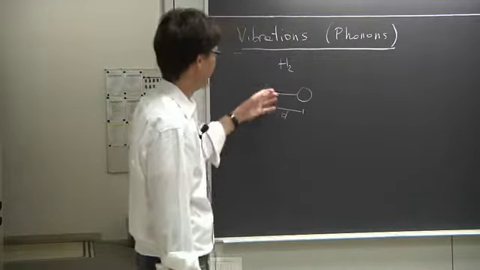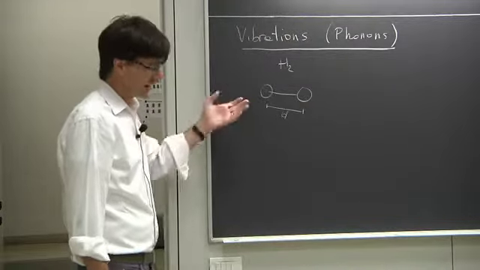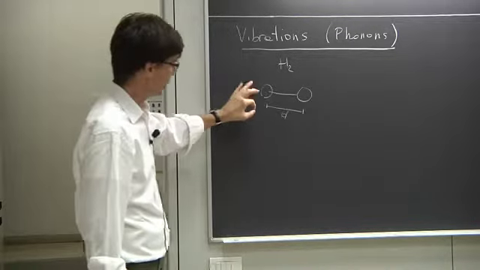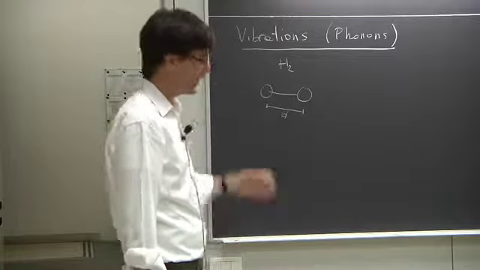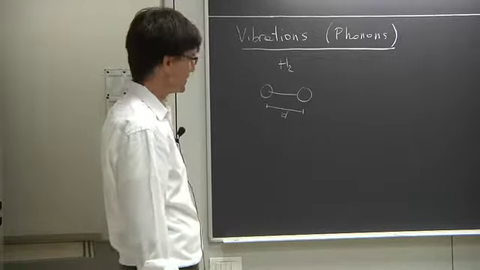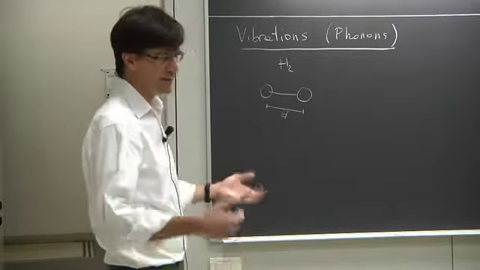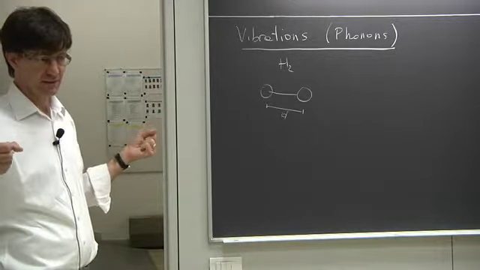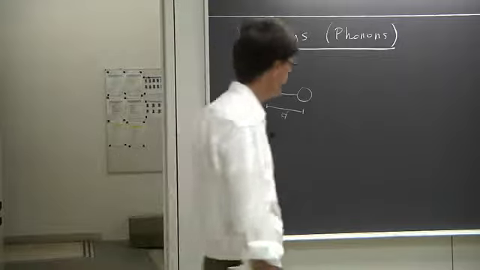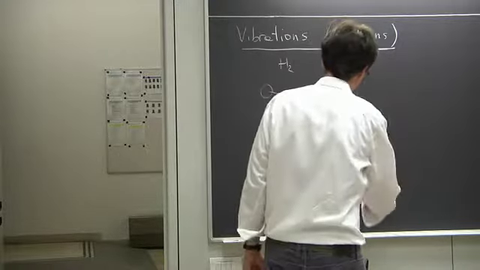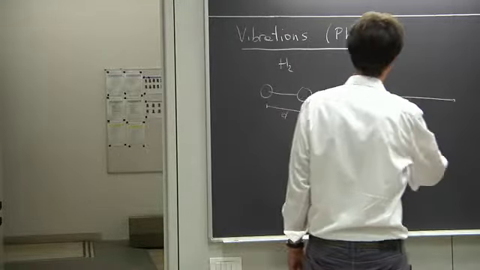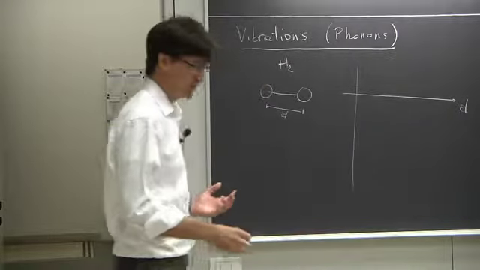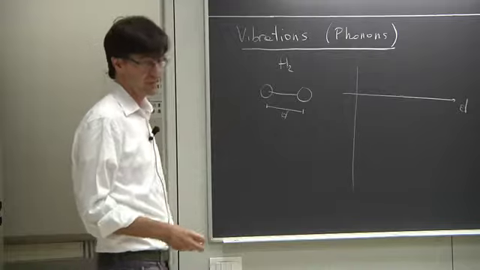We claim that we calculated the ground state wave function for this system, that is for two nuclei at the distance d, and we found that this energy is lower than the energy of the two nuclei when they are at infinite distance from one another. So in principle, we could think of, as a function of d, reporting here the energies that this system has as a function of d.